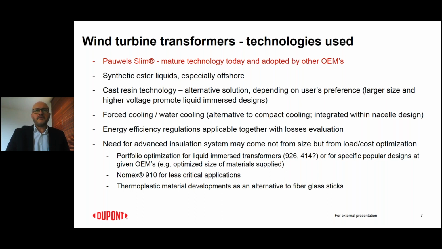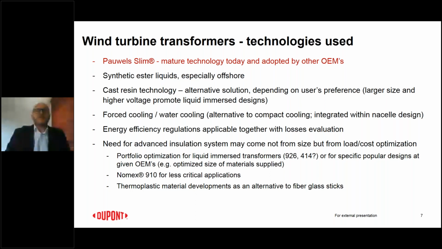And when looking at the recent developments, we at DuPont, we do not focus only on maximum compactness of the transformers. We know that sometimes the load or the cost optimization may be more critical than the specific size of the transformer. So we look at extending the portfolio of the materials for meeting those more and more fine-tuned designs.